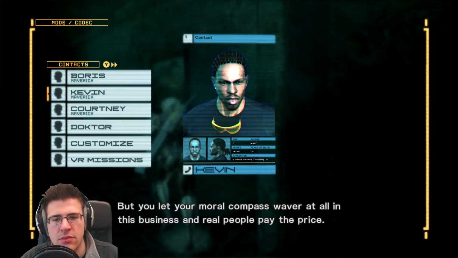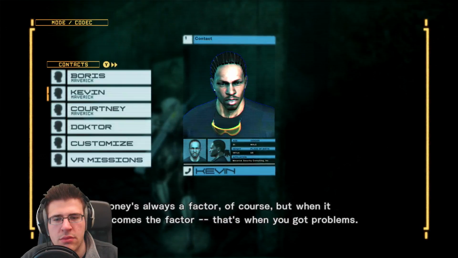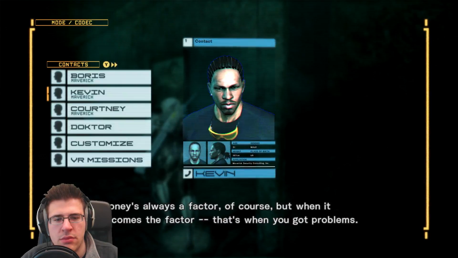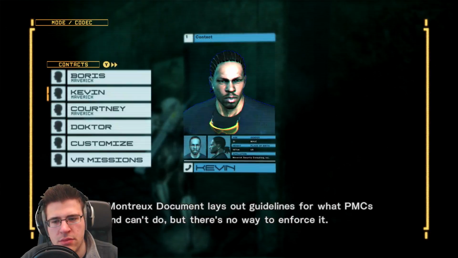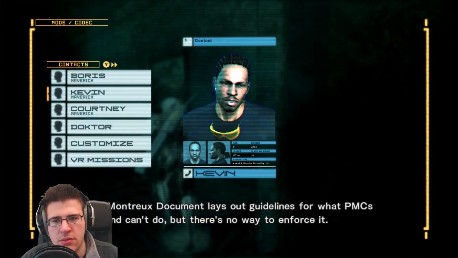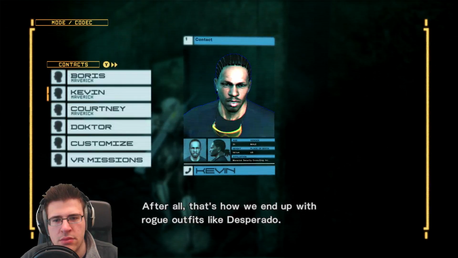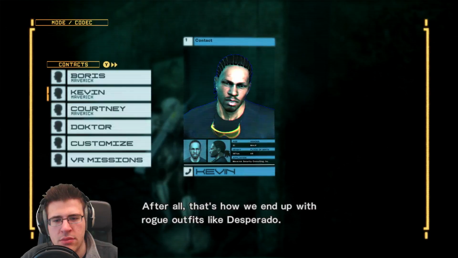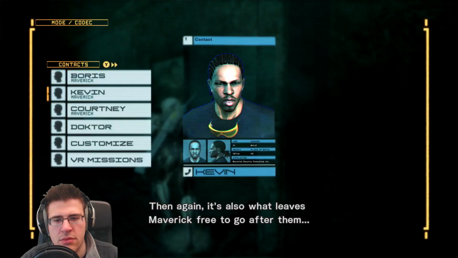But you let your moral compass waver at all in this business, and real people pay the price. Money's always a factor, of course, but when it becomes the factor, that's when you got problems. The Montreux document lays out guidelines for what PMCs can and can't do, but there's no way to enforce it. A lot of people see that as the fatal flaw of the entire industry. After all, that's how we end up with rogue outfits like Desperado. Then again, it's also what leaves Maverick free to go after them.